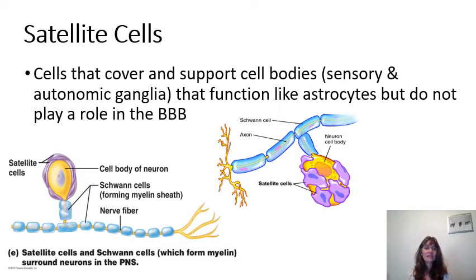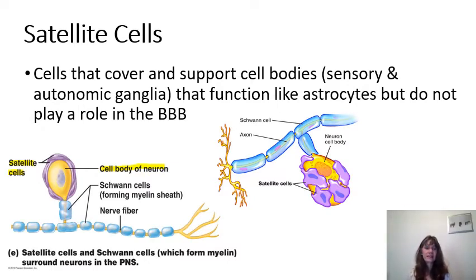Satellite cells are cells that cover up and support the neuron cell bodies of unipolar or pseudo-unipolar neurons in the peripheral nervous system. You can see the satellite cells covering over the cell body or soma of that unipolar neuron, which is a sensory neuron carrying incoming sensory information from the peripheral nervous system going towards the central nervous system.